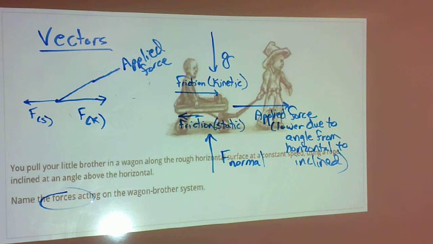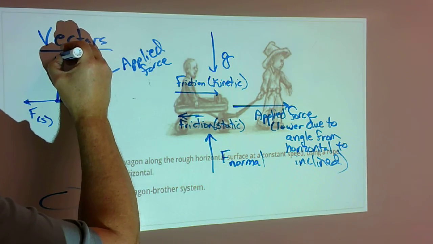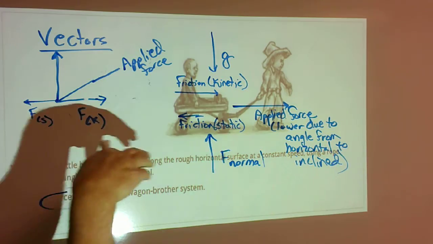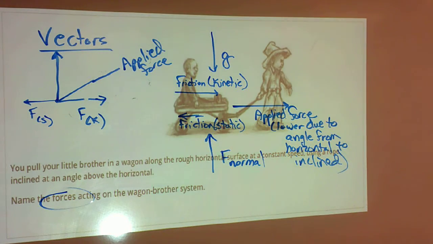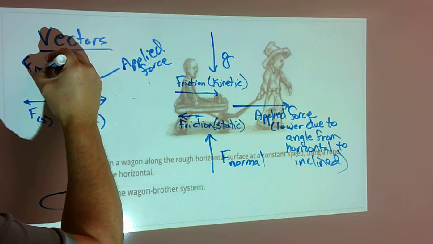And then you notice they're all pointing in the same direction, but again, you have to plan out your things here. So this one is actually going to be a little different because I'm going to have to put these as far as what direction they're going. This is going to be my force normal.